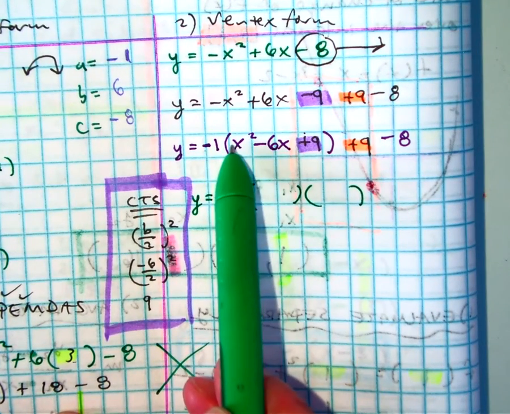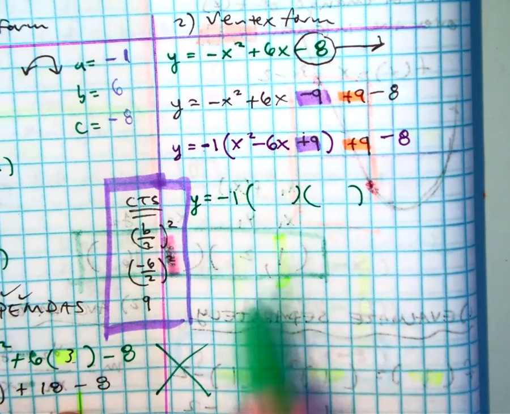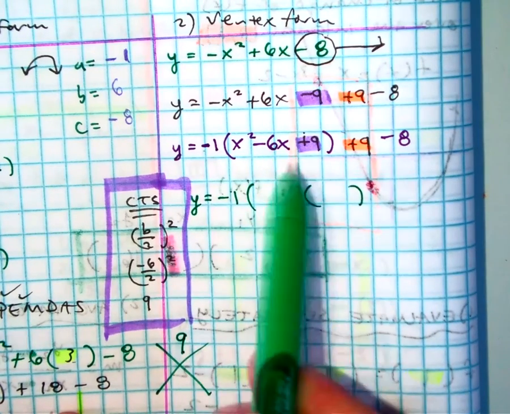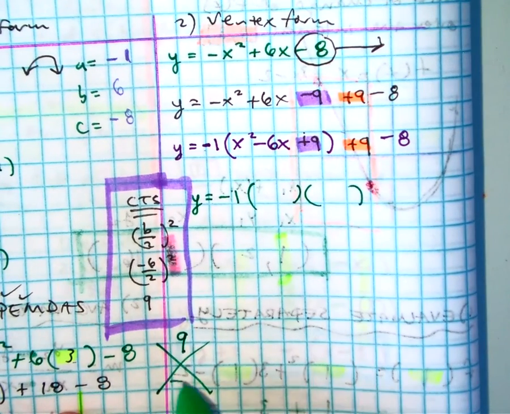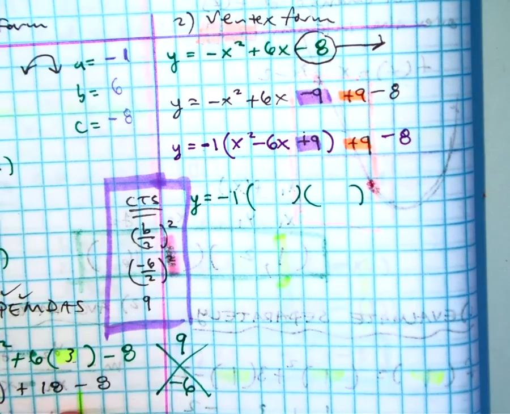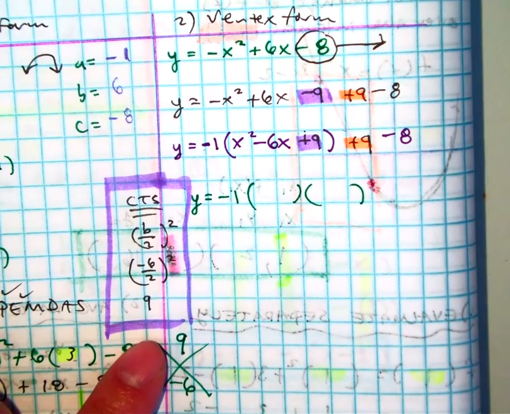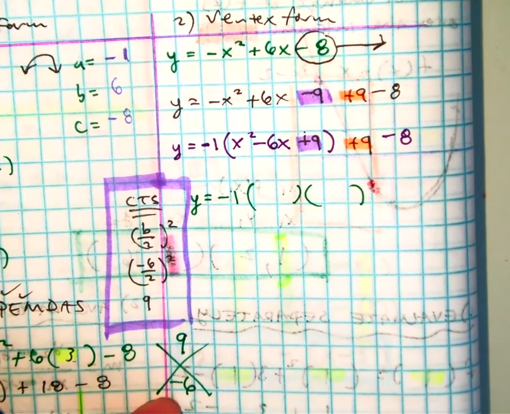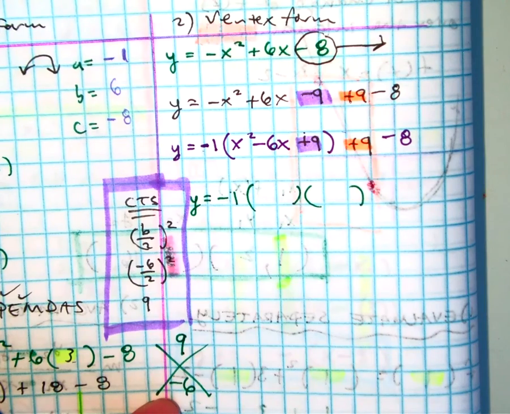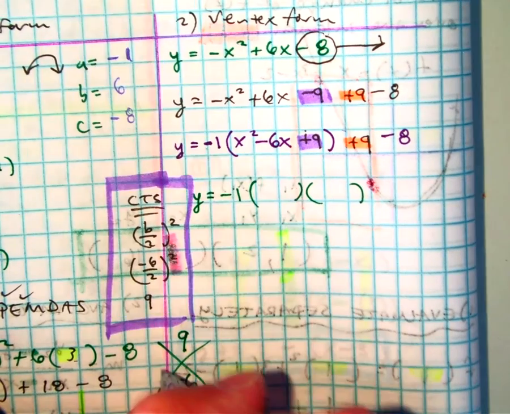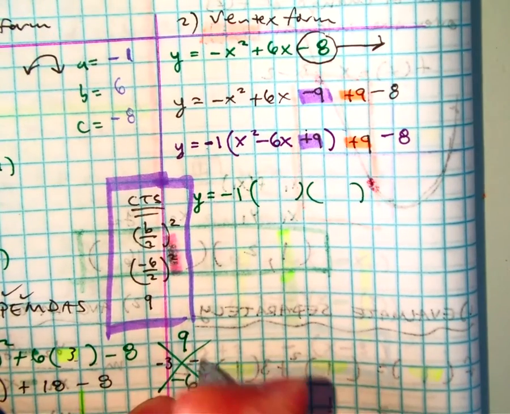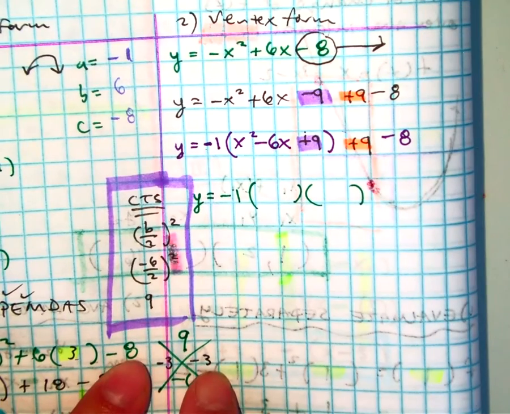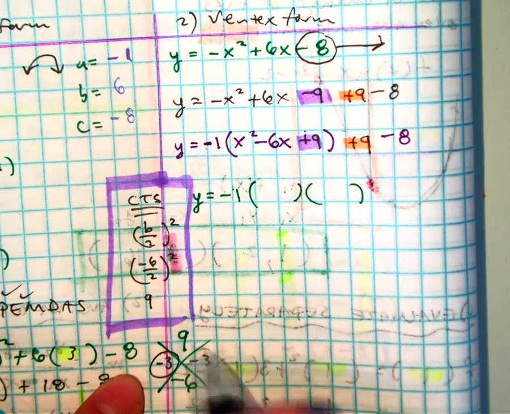A times c is 9. Your b value is negative 6. Two numbers that multiply to be positive 9, but add to be negative 6. What two numbers, class? Negative 3 and negative 3. These two become my factors.